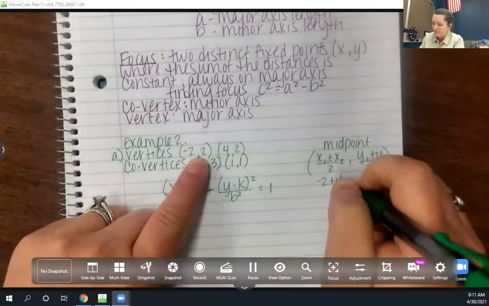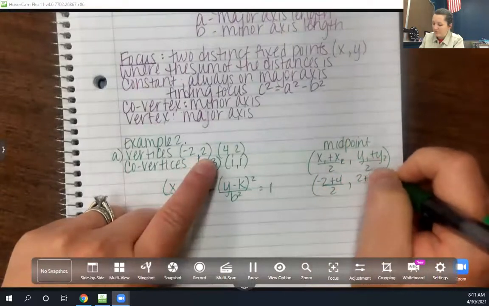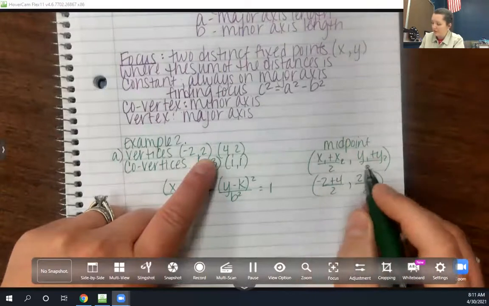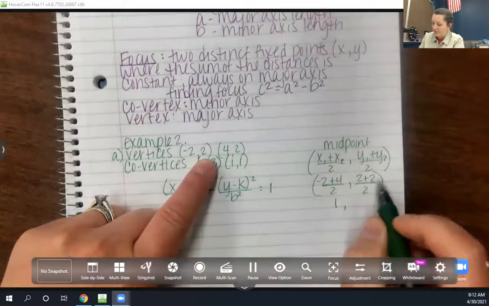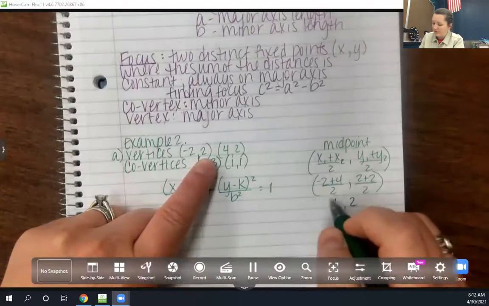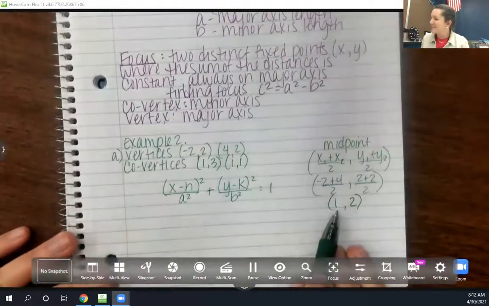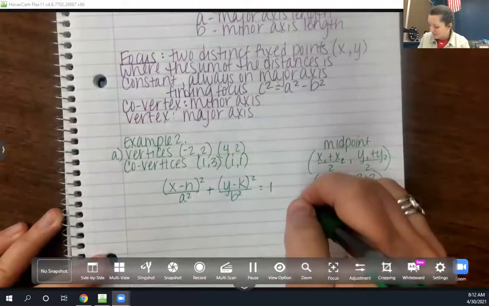Negative 2 plus 4 divided by 2, and 2 plus 2 divided by 2. All right, negative 2 plus 4 is 2 divided by 2 is 1, and 2 plus 2 is 4 divided by 2 is 2. I like this math, right? Okay, let's bring it back. So this tells us that our center is 1, 2.